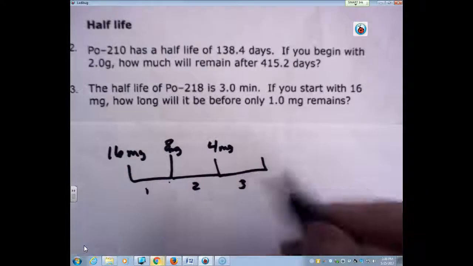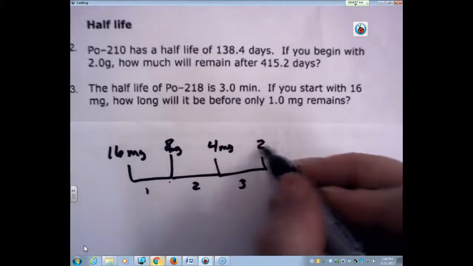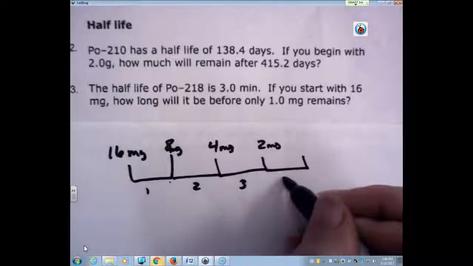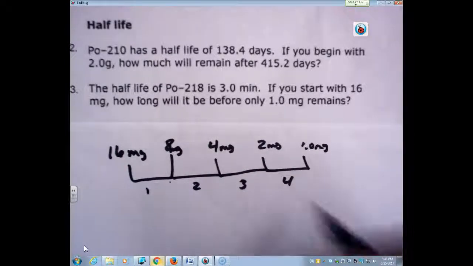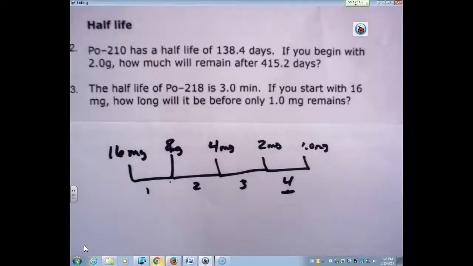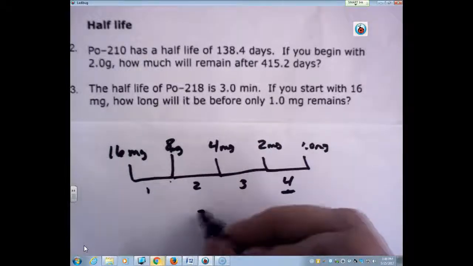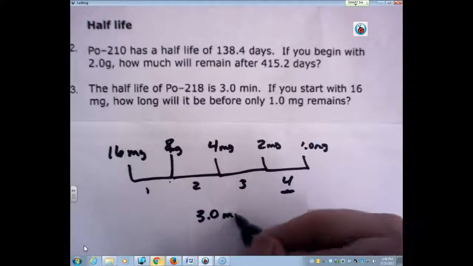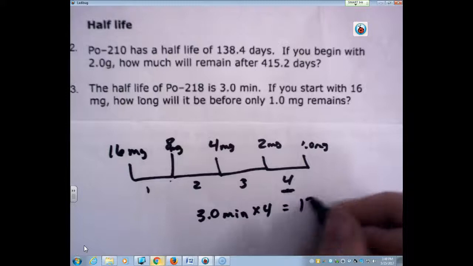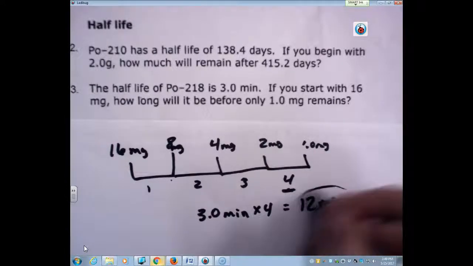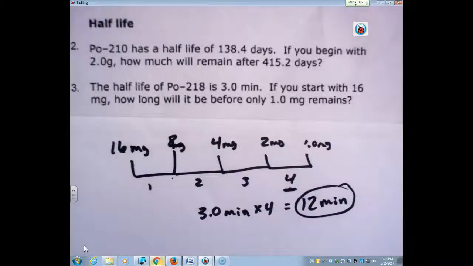After the third half-life, we would have 2 milligrams. And it's going to take 4 half-lives to reach that 1 milligram that we're looking for. So 4 half-lives have gone by. Each half-life is 3 minutes. So 3 minutes times 4, because it happened 4 times, is going to be 12 minutes. And that's the total amount of time for that problem.